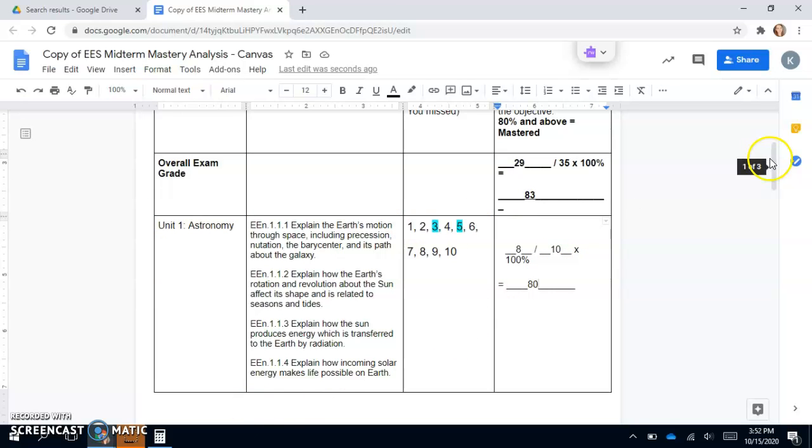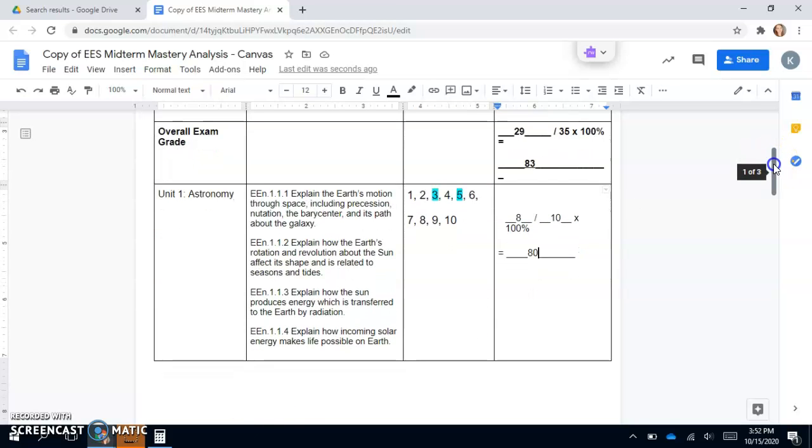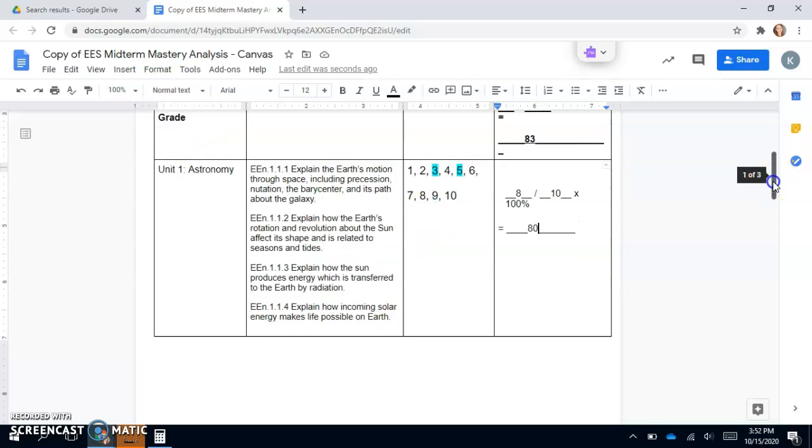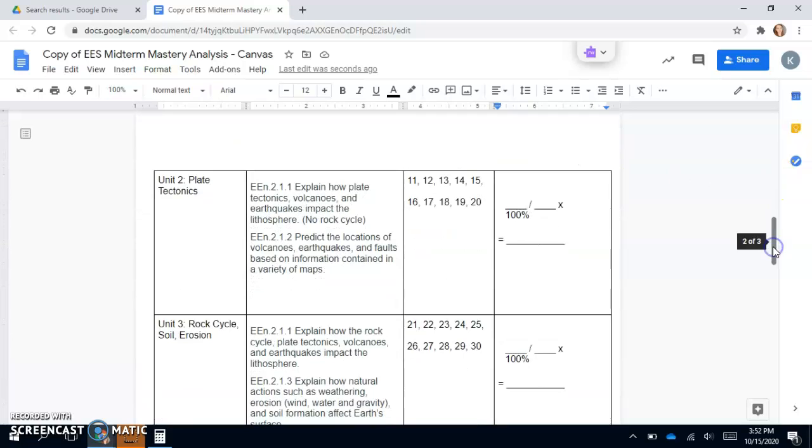Okay, so you're going to do that for the whole entire test. So that was just portion 1. So unit 2 covered questions 11 through 20. So for 11 through 20, you'll do the same thing. You'll scroll through, and if you got any of them wrong, you will highlight them. And then at the end, you will count up how many you got correct, and you will divide that by how many are total.